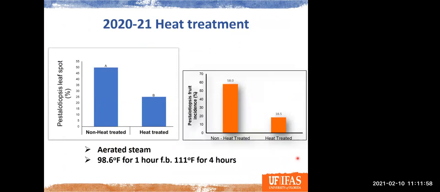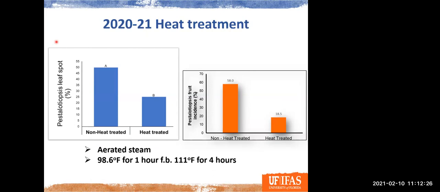We are also looking at heat treatment as a way for nurseries that are getting plant stock from other nurseries to reduce infection that might be coming with the plant stock. Here we're looking at a protocol that we have developed, which is basically 98.6 for an hour, followed by 111 for 4 hours.